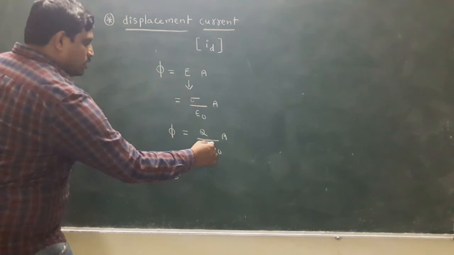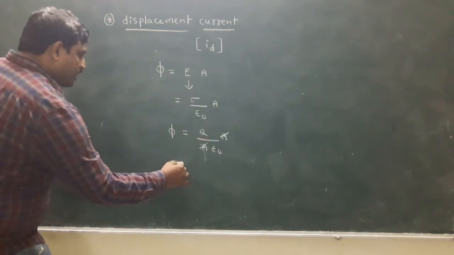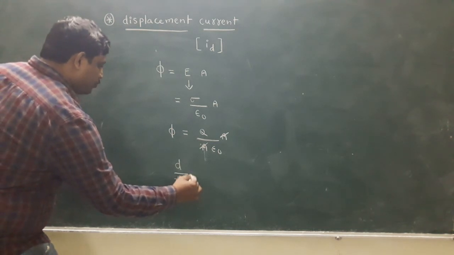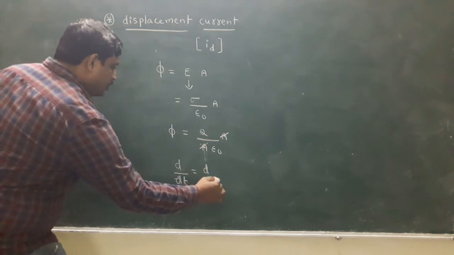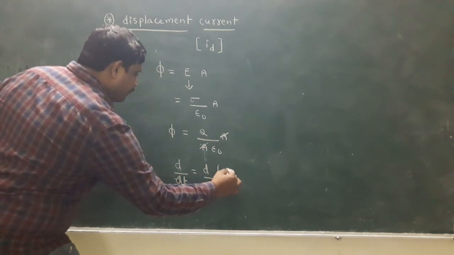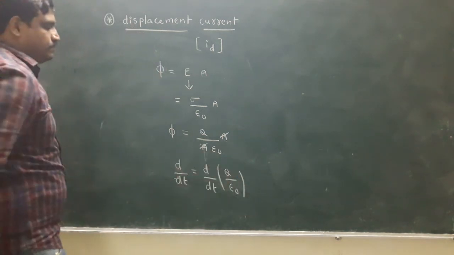Here A cancels. Applying differentiation with respect to time on both sides: d phi by dt equals d by dt of Q by epsilon naught.